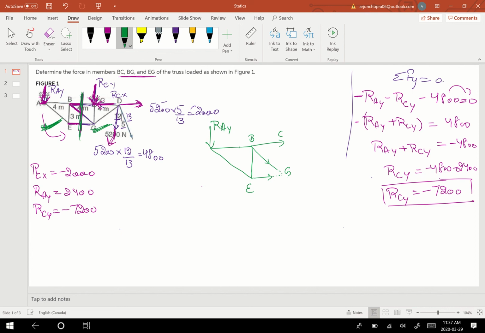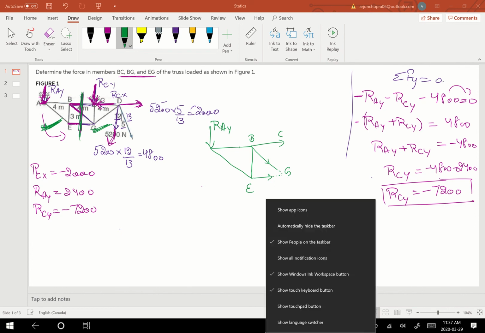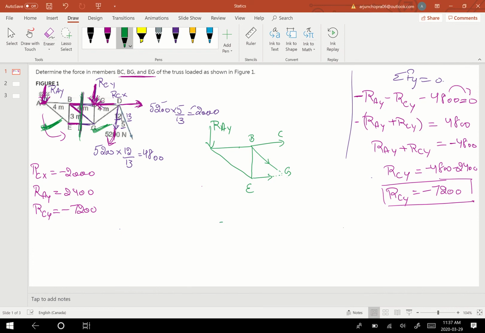Now let's start solving this. In the method of section, we use a moment equation a lot.